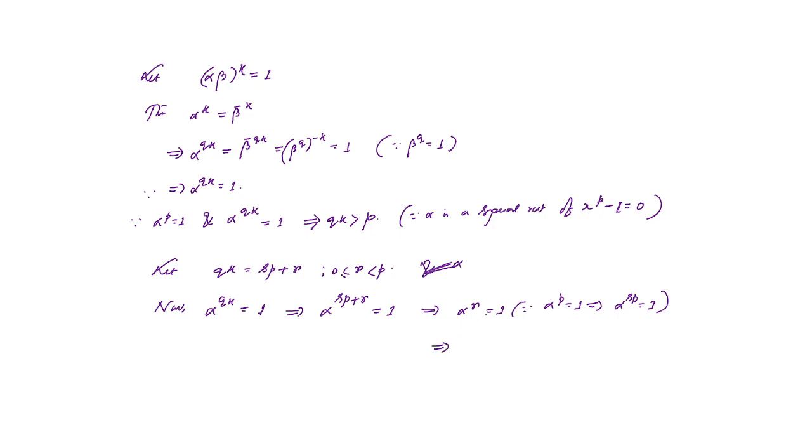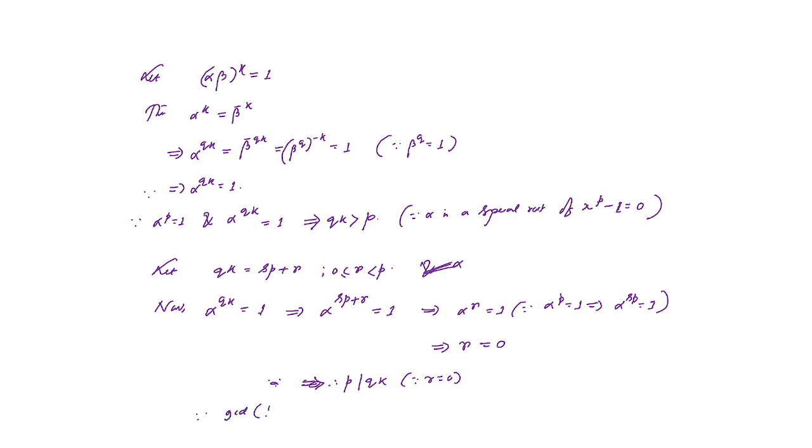So alpha to the power r equals 1, and alpha is a special root, so r must be 0. Therefore p divides qk since r equals 0. Again, GCD of p and q equals 1.